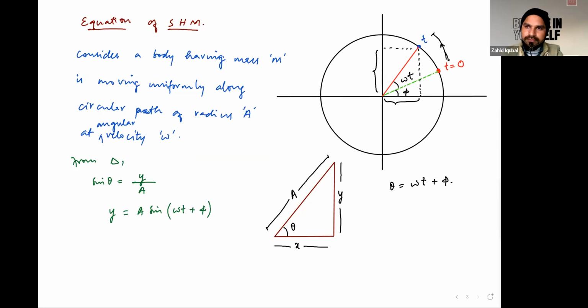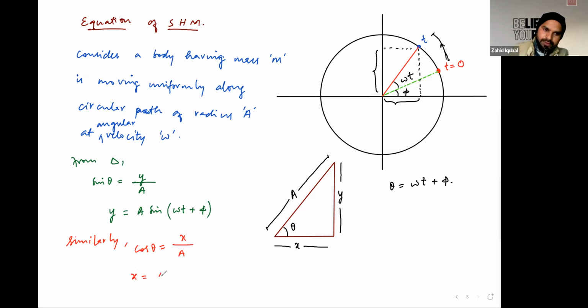Similarly, cos theta is equal to base over hypotenuse.